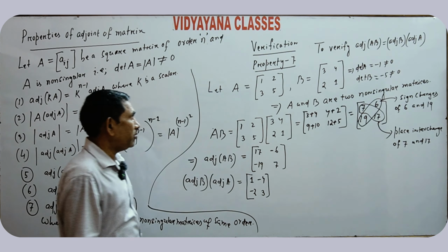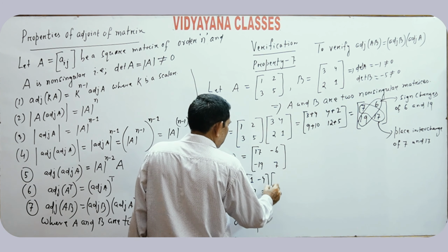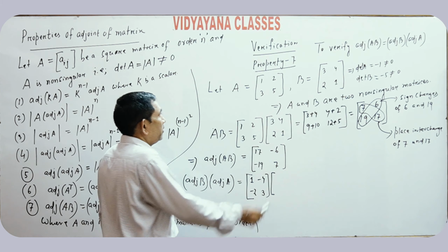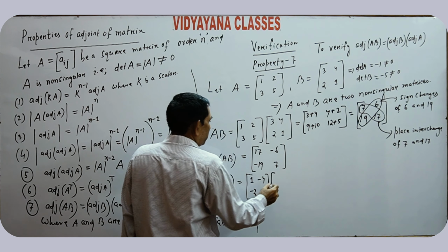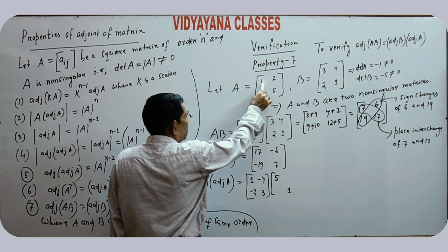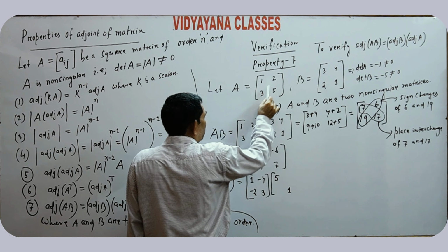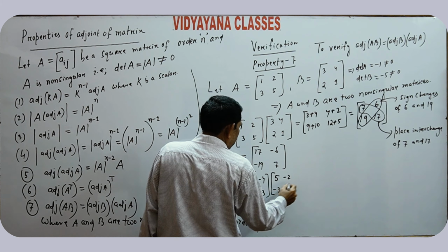It is the adjoint of B. Next, the adjoint of A: interchange the diagonal elements 5, 1, and change the signs of 2 and 3, giving -2 and -3.